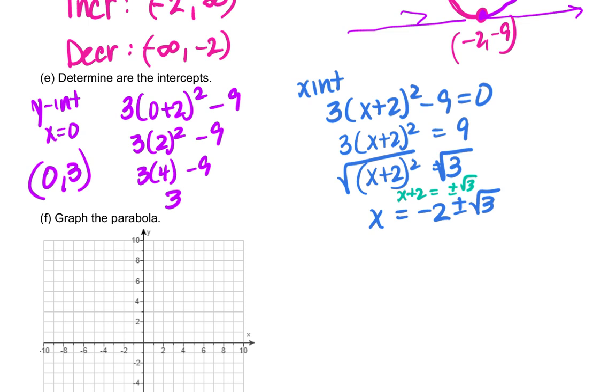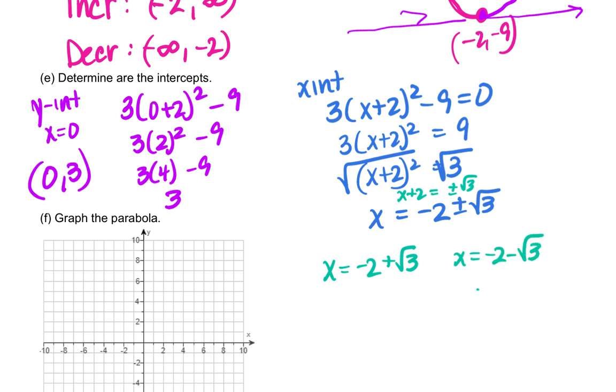So how am I supposed to plot negative 2 plus the square root of 3? Well, this is where you'll have to put it in the calculator to get the decimal so you can get an idea of where it belongs on the grid so you can graph it, okay? So x is negative 2 plus the square root of 3, and x is negative 2 minus the square root of 3.